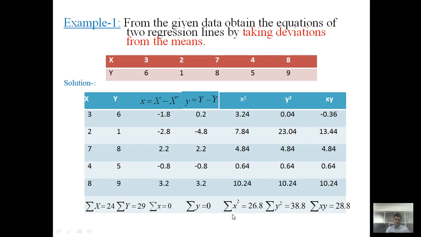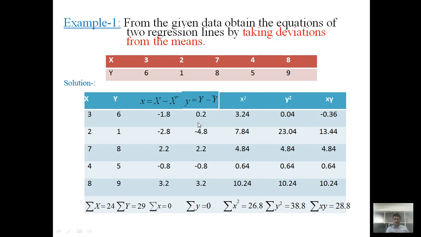To calculate sum of x square, first calculate x square. So minus 1.8 square is 3.24, minus 2.8 square is 7.84, and so on. Finally we have to find the sum of this column. So 3.24 plus 7.84 and so on, 10.24, so it leads to 26.8.